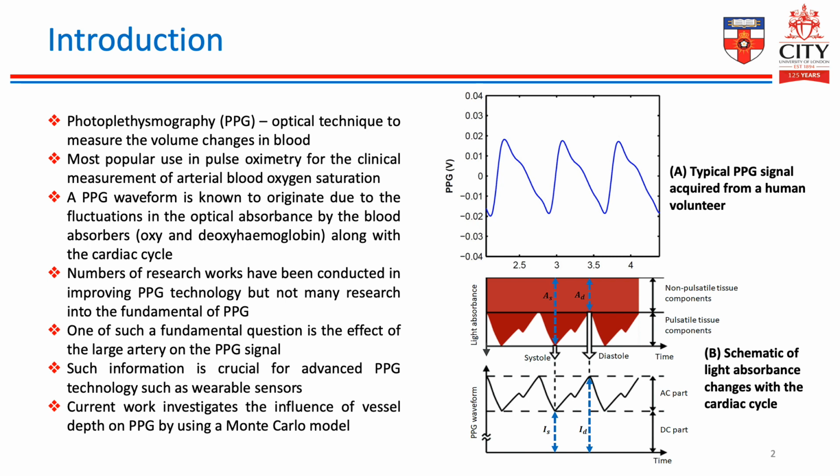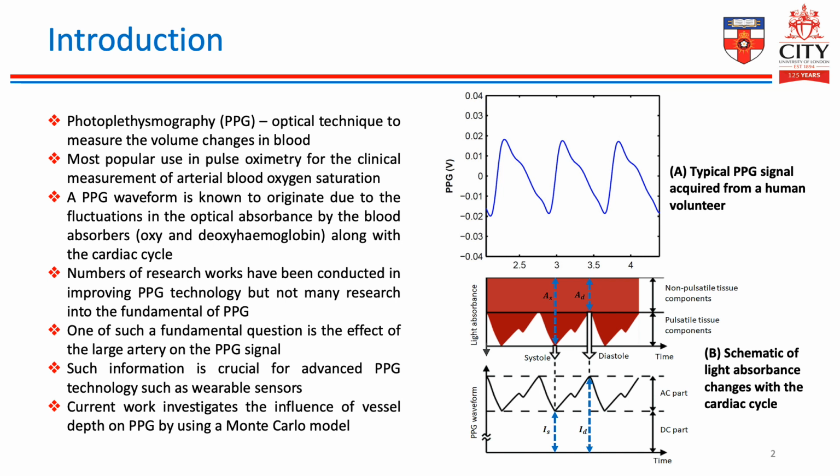So, from systole to diastole, clearly there is a gradual change in the optical absorbance, which continues throughout the cardiac cycle. This continuous change of the optical absorbance basically results in the PPG signal. This is shown in the schematic given in figure B, and figure A is a typical PPG signal which was recorded from a healthy volunteer in our lab.